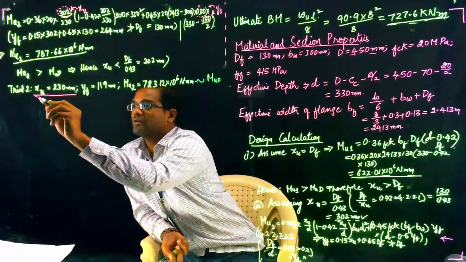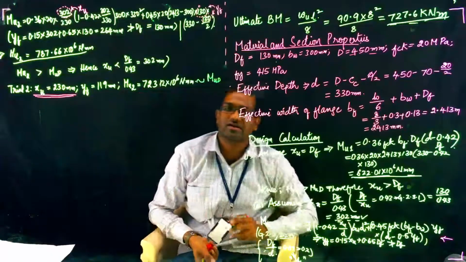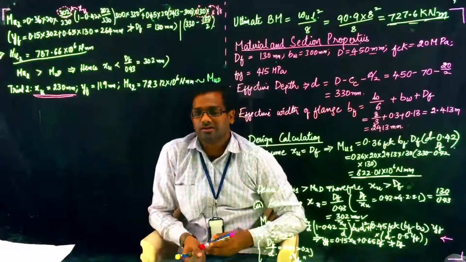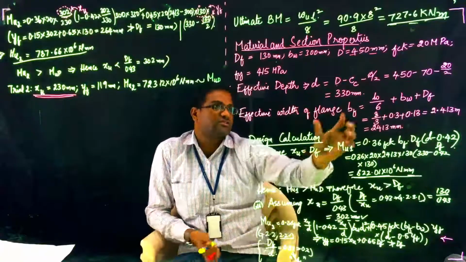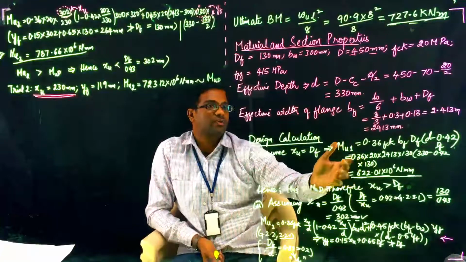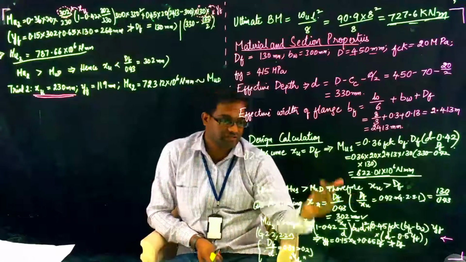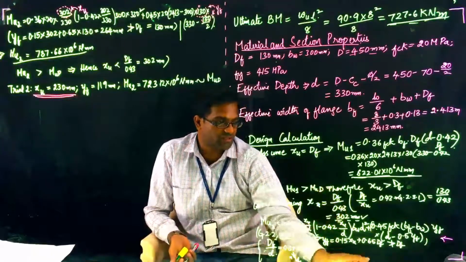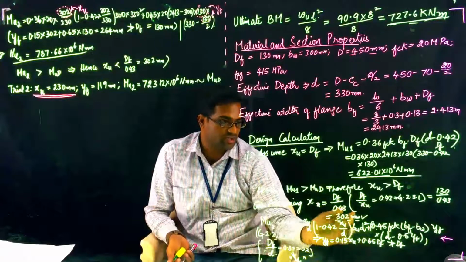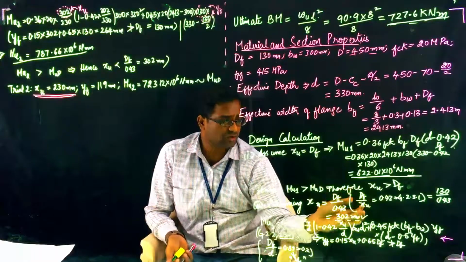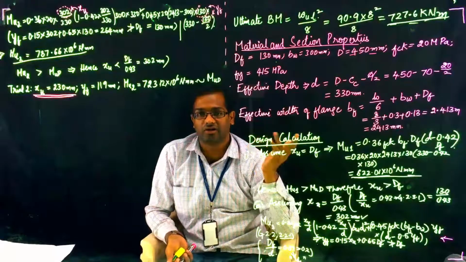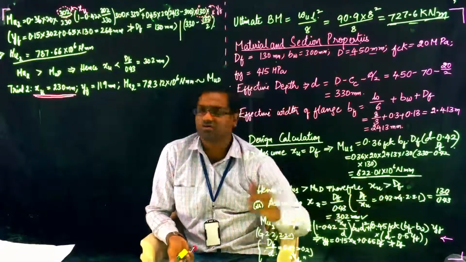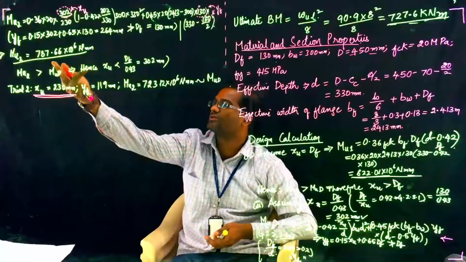Now you have found out the neutral axis depth as 230 mm. You can approximately take that value. First we took the XU value within the DF. No, it is not matching. Then we took the XU value as 7/3 of DF, so you got 300, and for 300 you got this value.